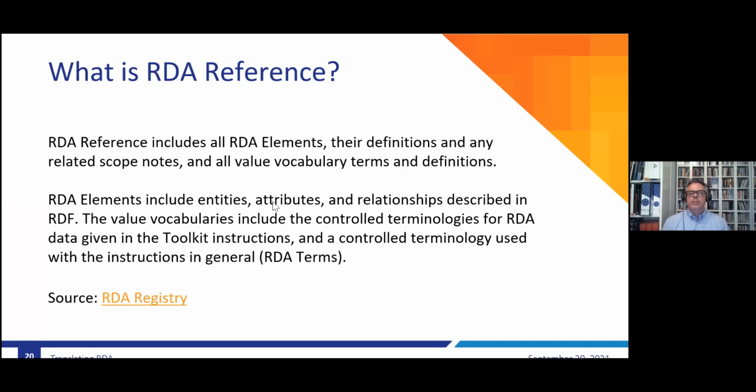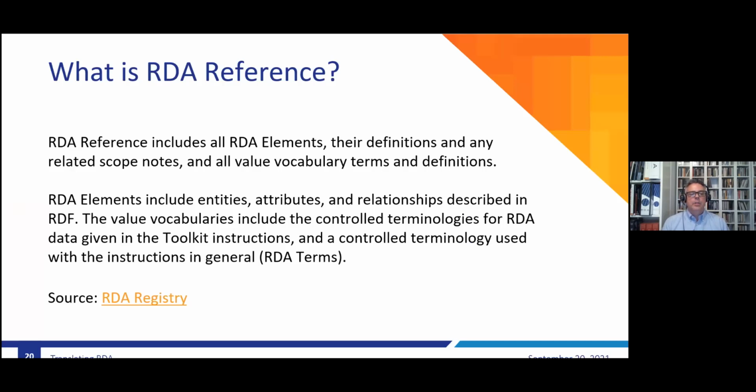So what is RDA reference? Well, Jamie already gave an explanation of that, but I thought it would be useful to explain what it is by quoting the description that is given in the RDA registry. The registry says that RDA reference includes all RDA elements, their definitions, and any related scope notes, and all value vocabulary terms and definitions.